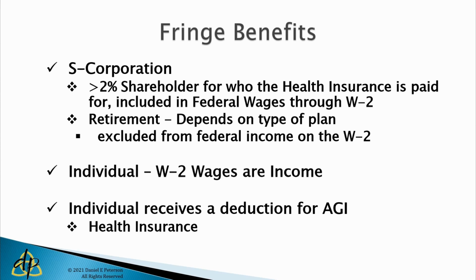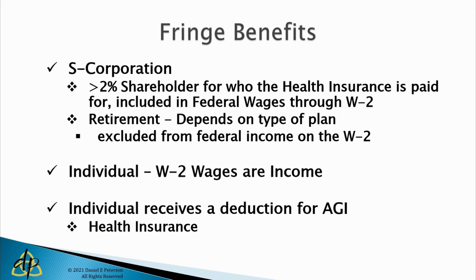When it comes to retirement plans, the employees participate in those retirement plans through their W-2 withholdings, and so it effectively becomes a deduction of the S corporation along with the company match for those retirement plans. While those don't avoid Social Security and Medicare tax, they do avoid federal income tax. So our individual shareholder will pick up their W-2 wages as income.